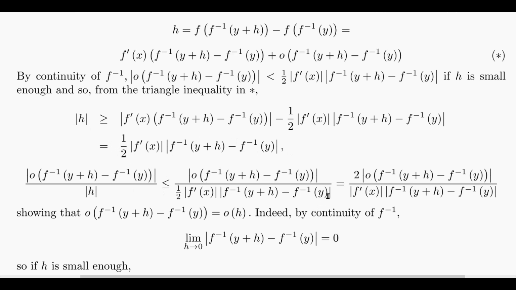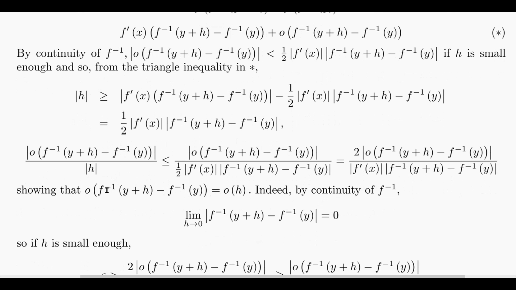So that shows me that little o of this difference is little o of h. I want to go over why that is. It's because by continuity of the inverse function, if I take a limit as h goes to 0 of this, I get 0.